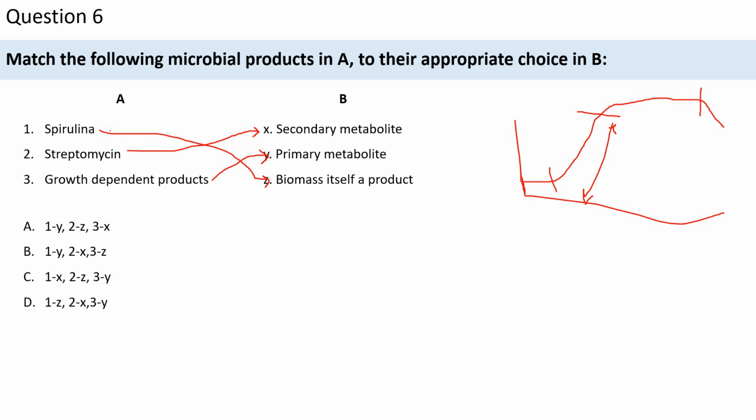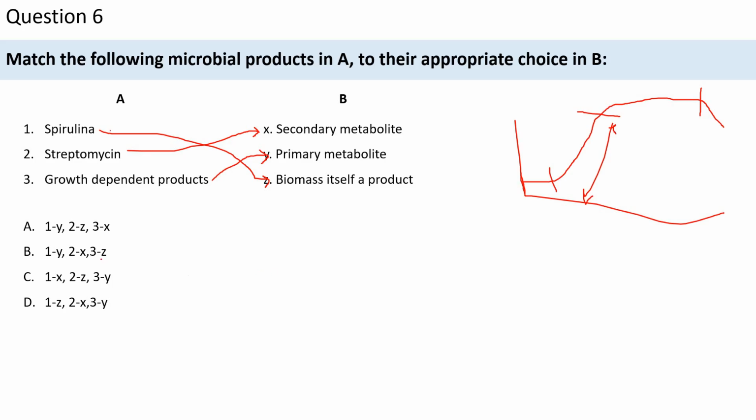So the ultimate aim of the organism is that first it has to grow. Then only it will think that all the other organisms are also competing for the nutrients. So we have to produce something in such a way that the other organisms are dead, and only the nutrients are available for the organism to further expand its growth. So in that case only your antibiotic comes into play.